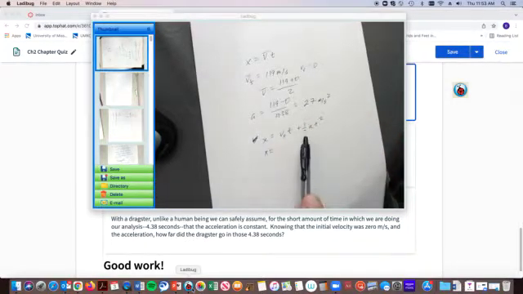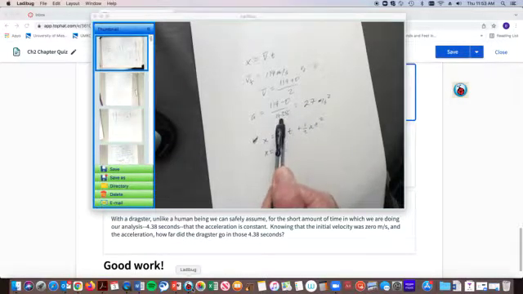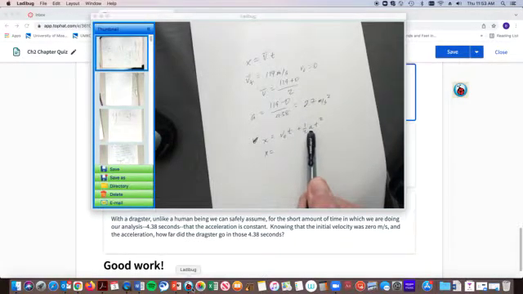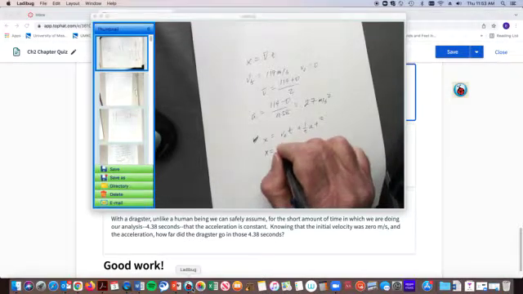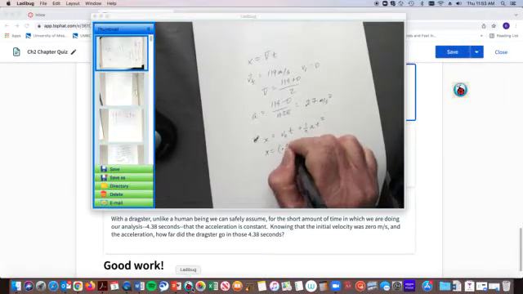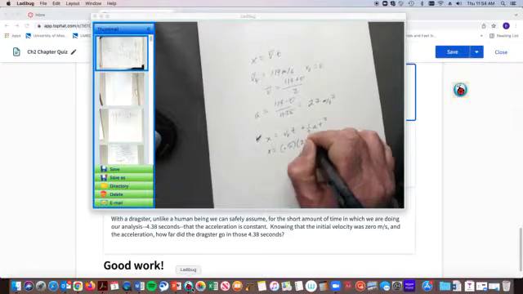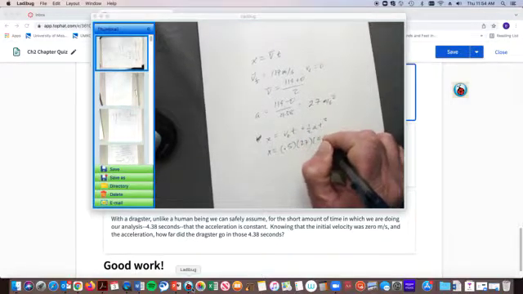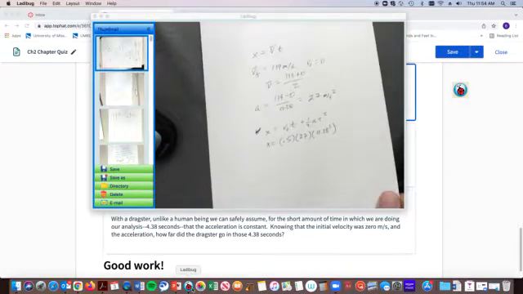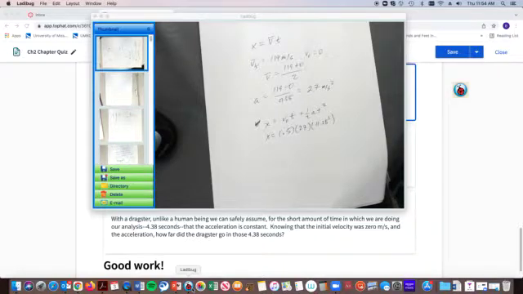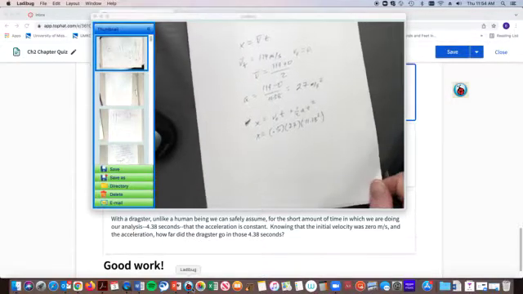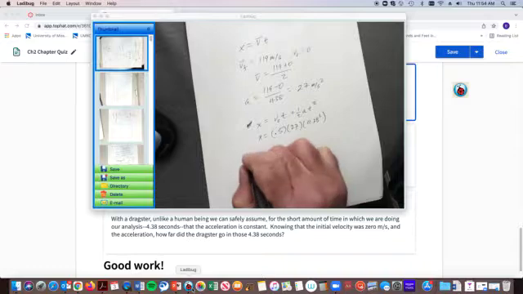So again, if you find the acceleration, which is just this, then you go, oh well, x is equal to, and you can do this on your calculator, 0.5 times the 27 times the 4.38 squared. Don't forget to square it like you did last time. That'll get it. And there's 2 other ways to do it.